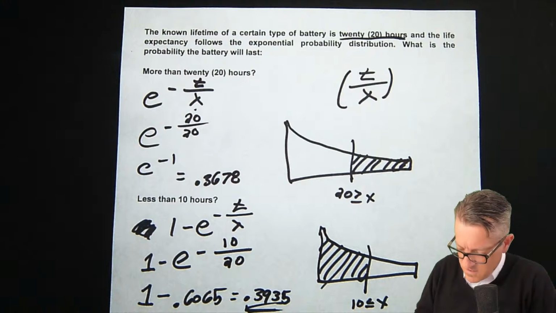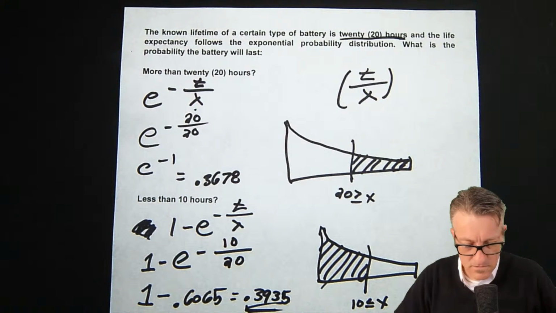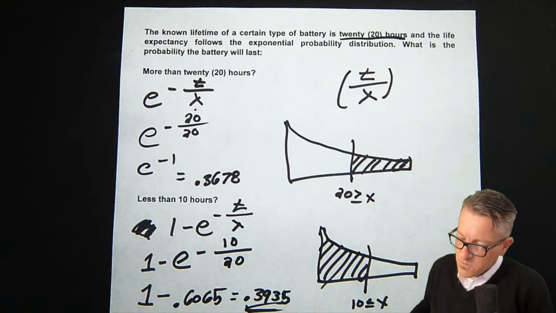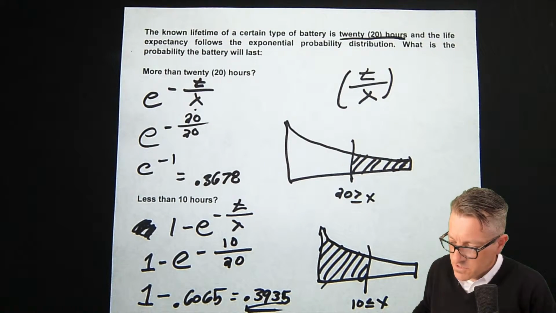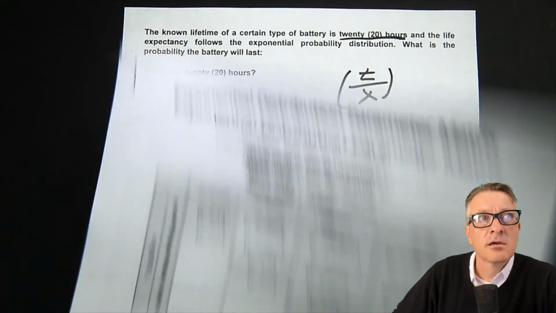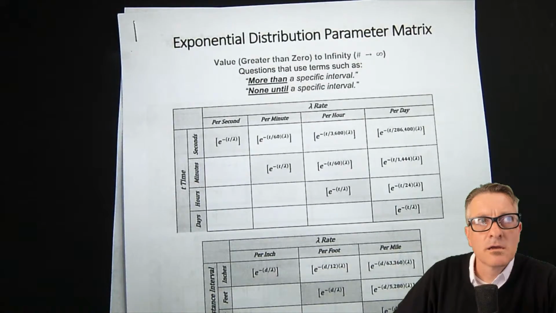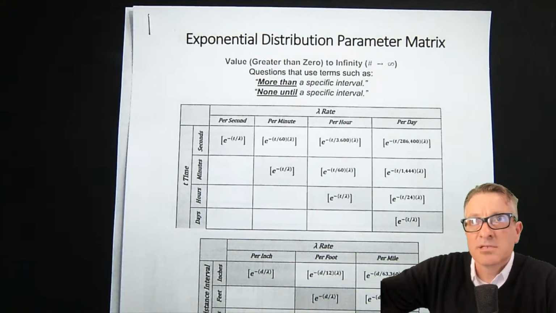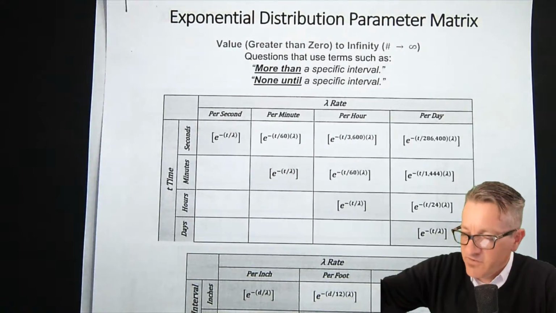The other thing, which I'll put a link to when I'm all done, is that if you do it this way, you can use a table that shows you the calculations. I'm going to talk about this table a little more in my next video.